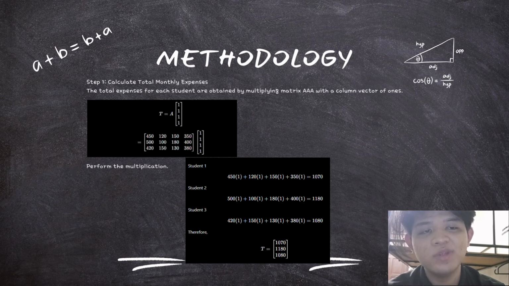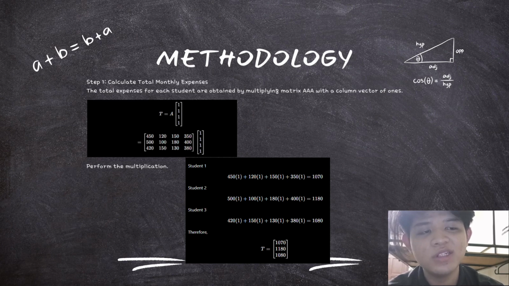Everything inside is A, so you need to multiply it by 1, 1, 1, 1. If you perform the multiplication, for student 1 it will be 450 times 1, 120 times 1, 150 times 1, and 350 times 1.